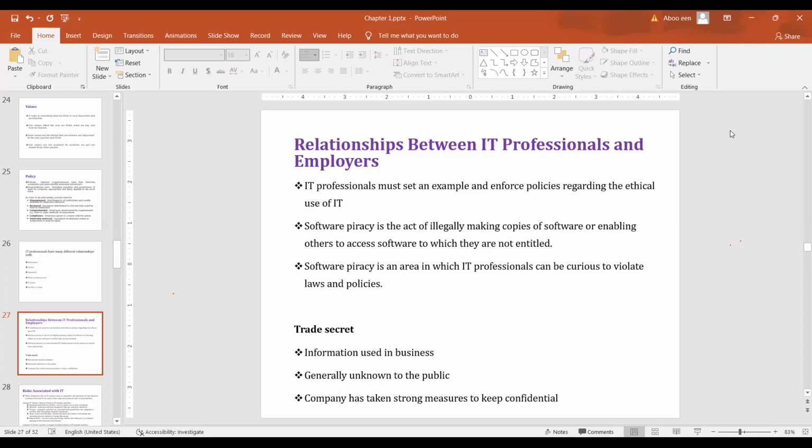Companies are hiring staff or professionals to work for that particular organization, and business organizations have their own policies. When an employer hires an employee, they have to clearly communicate their policies on the ethical use of IT.